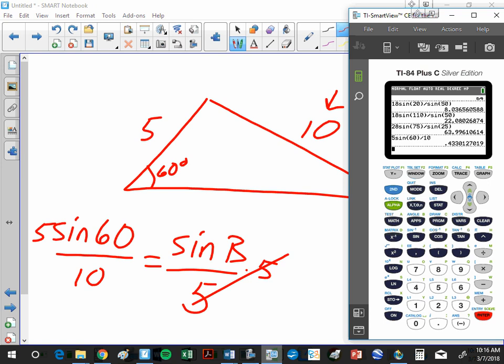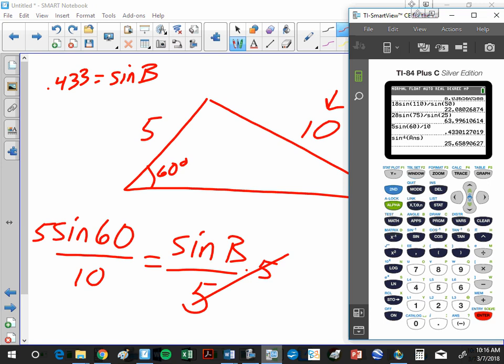So I have 0.433 equals the sine of b. Now I just unsign, which is called the inverse. So the sine inverse of the answer, and that's where my angle comes from, 25.6.